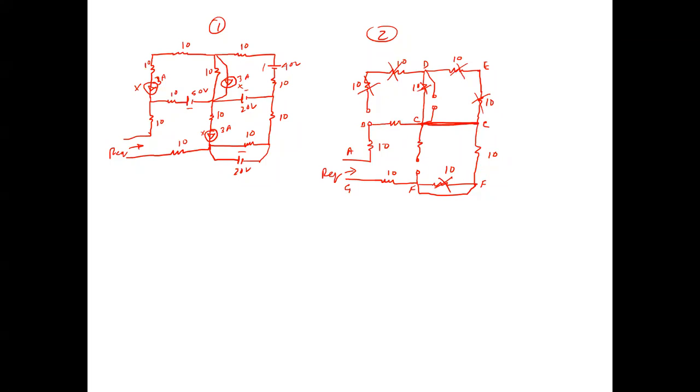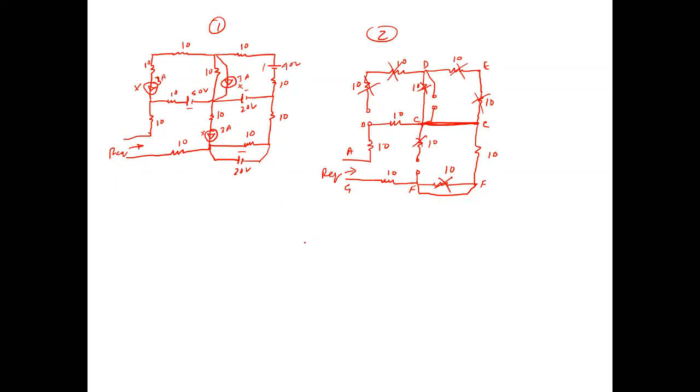this 10, this also 10. Okay, so this 10, this is the short, this not work, this also 10. Okay, so 10, 10, this 10 to this short and this 10.